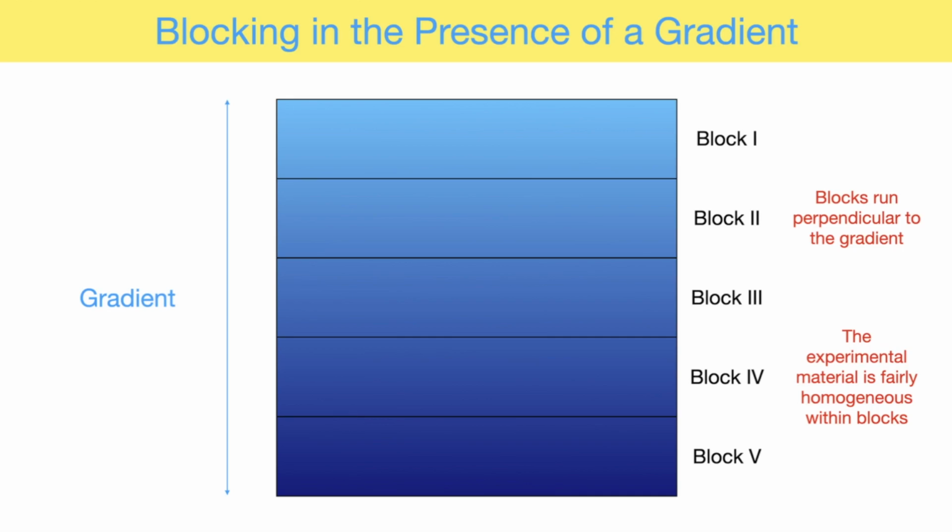That is the goal. We want to make that experimental material as homogeneous as possible within a block. And so when we create the blocks, they are oriented perpendicular to the gradient, and the different blocks run up along that gradient.